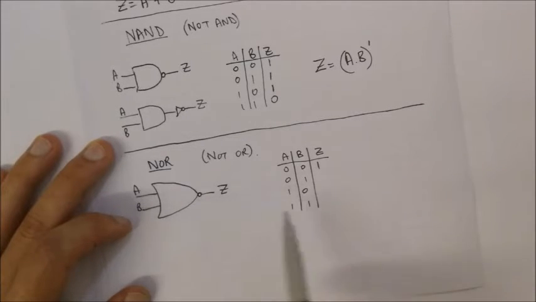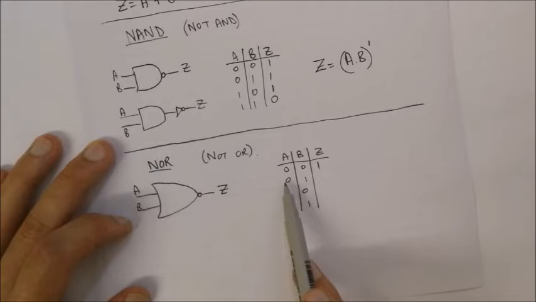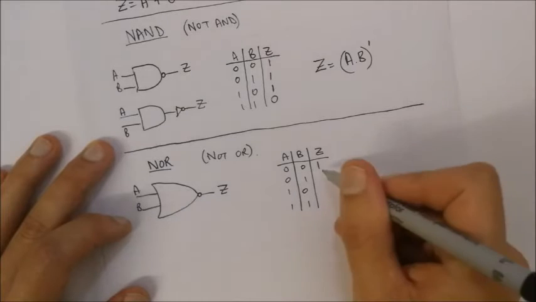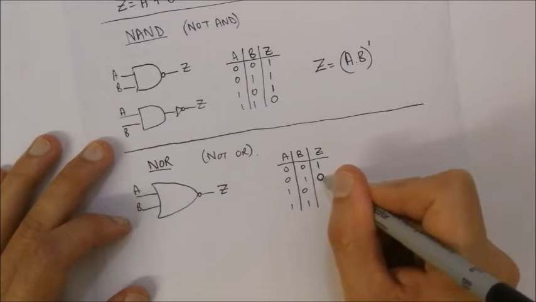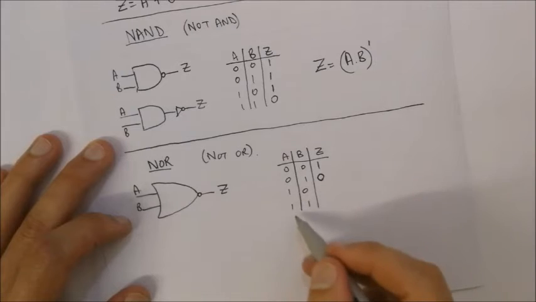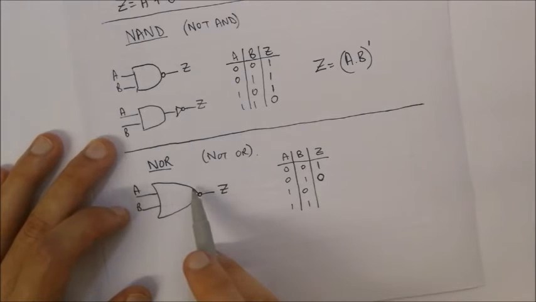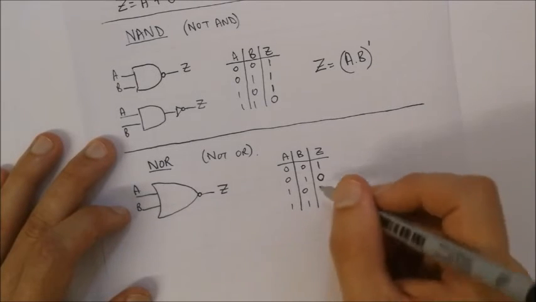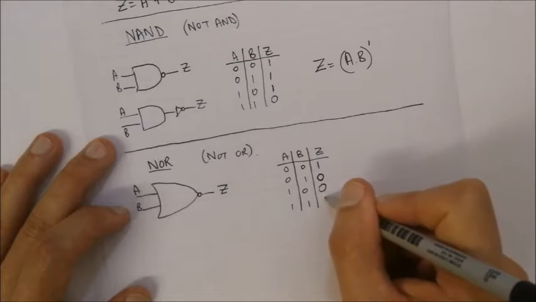Okay, so if we've got A, which is a 0, and B is a 1, if we add those two together, the output would be 1. But now it goes to a NOT, so it becomes a 0. And similarly, with all these other ones, because one of the inputs is equal to 1, the output of the normal OR gate would be equal to 1, NOTed would give an output of 0.